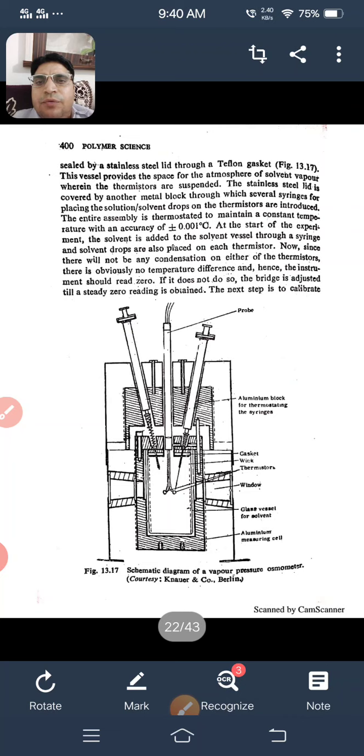The vessel provides the space for the atmosphere of solvent vapor wherein the thermistors are suspended.